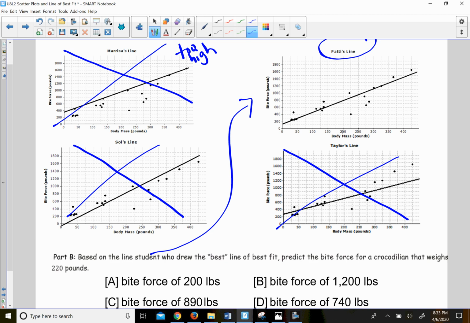So it looks like this would be 200, this is 250, this is 225. So it looks like we're in between the 200 mark and the 250 mark. We're pretty close to the 250. So more than 800, but less than 900. So looking at those four choices, yep, I would say 890 pounds. We're closer to 900, but more than 800.